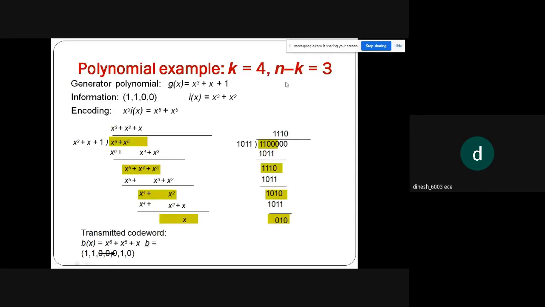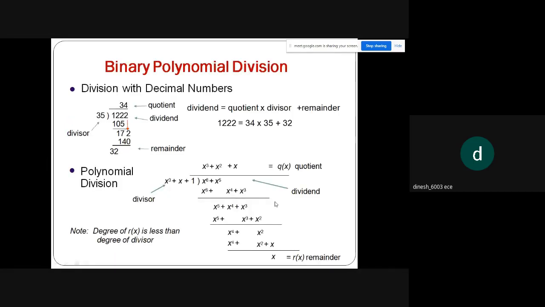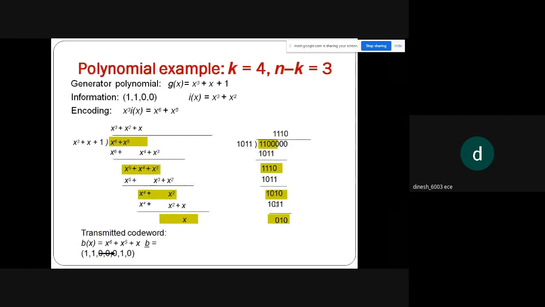Now can you tell me what is n? I didn't mention it. Okay, so this is your 7 comma 4. So 7 is equal to n and 4 is equal to k. I forgot to type it in this.